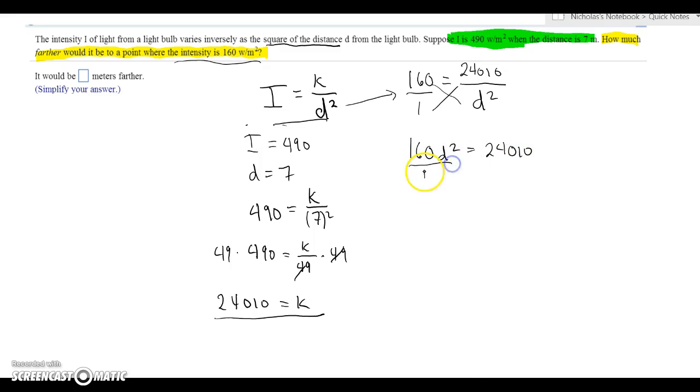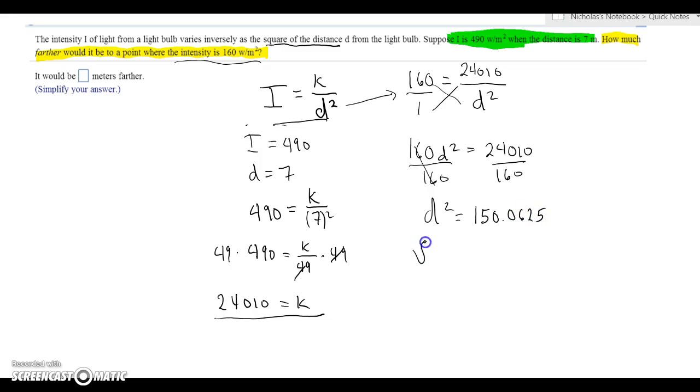Now we divide both sides by 160, and when we divide that by 160, we get d squared is equal to 150.0625.